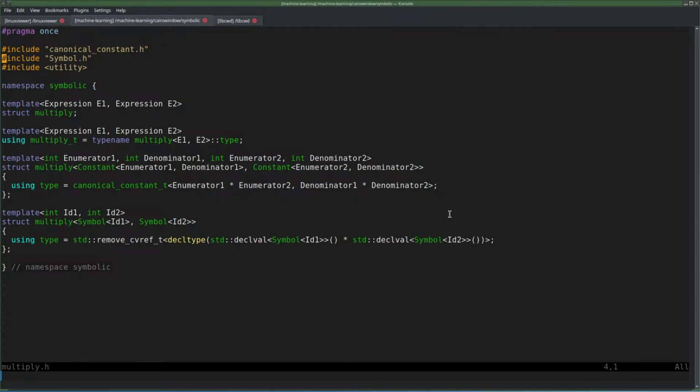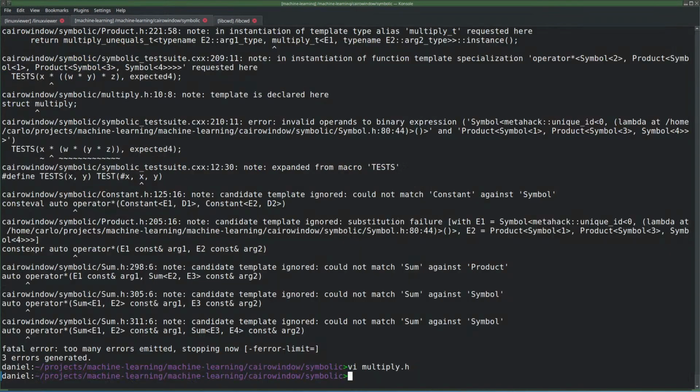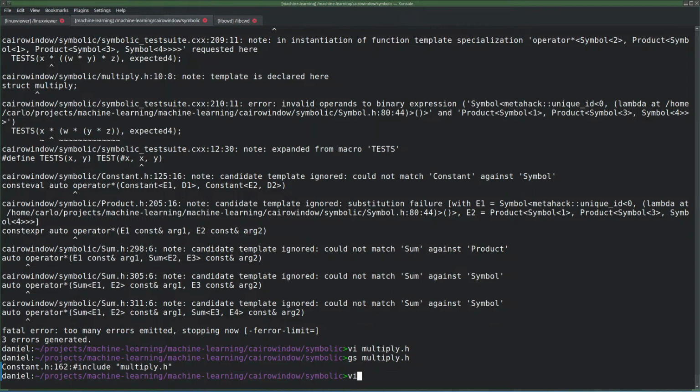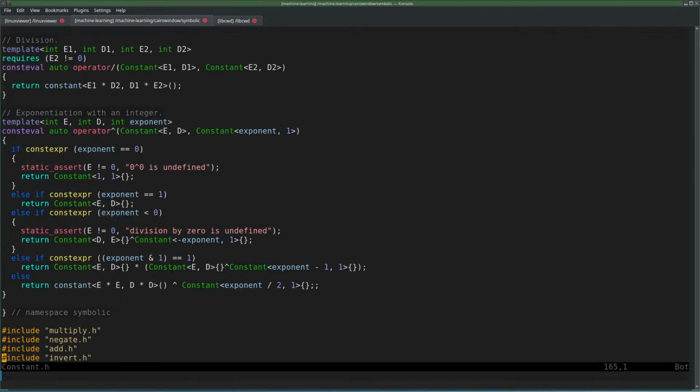So the question is, can I include all the headers at the moment multiply.h is being included? It's included in constant.h, but I think at the bottom, more or less at the bottom. So as long as the others don't need negate and so on, but I'm afraid they do.